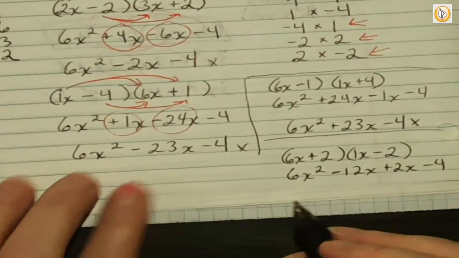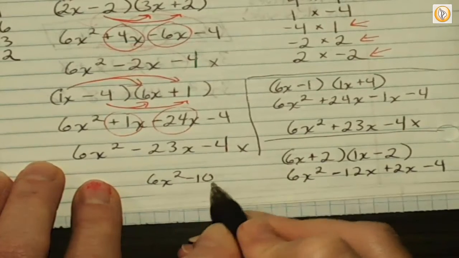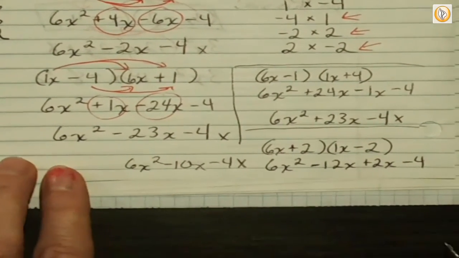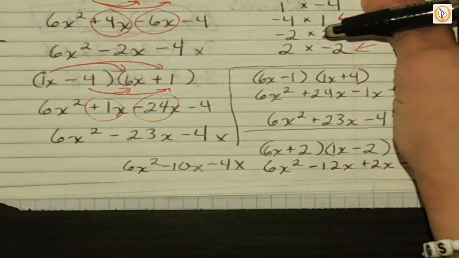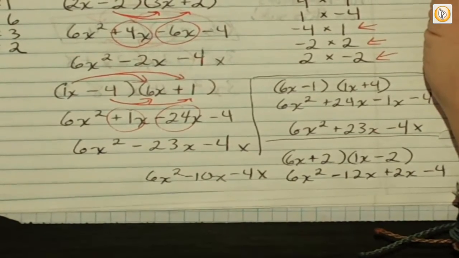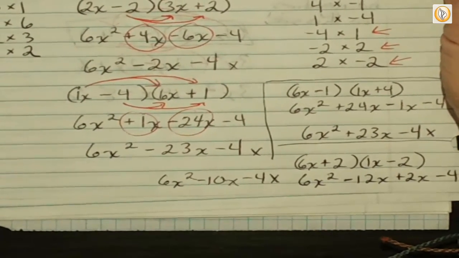That would end up getting us 6x squared minus 10x minus 4. So that doesn't work. Anyone besides Franz? That's a lot of trial and error.